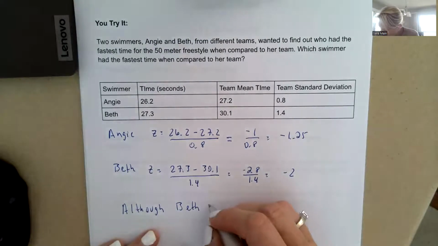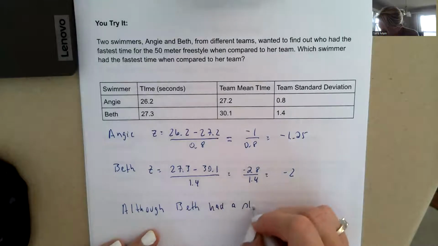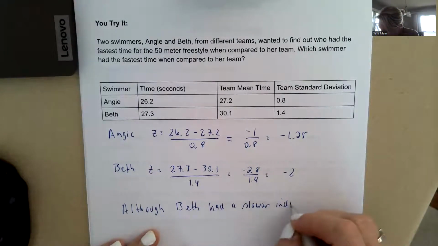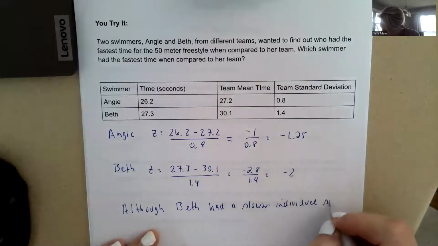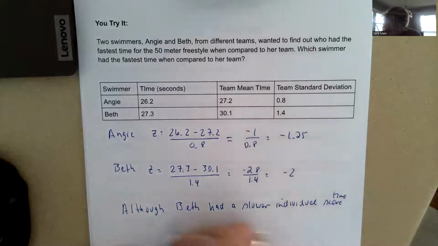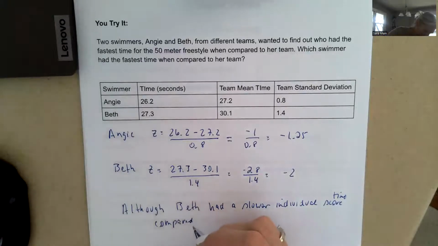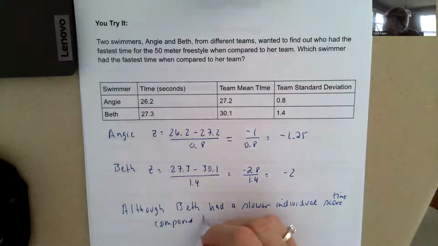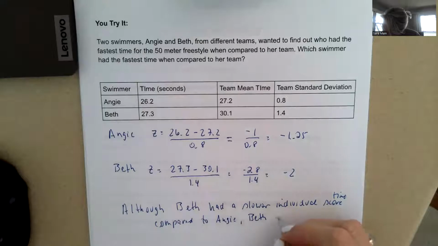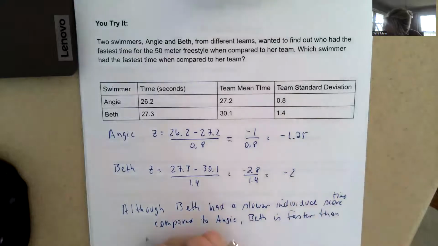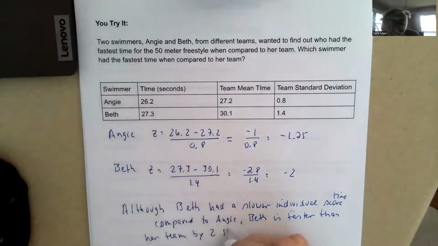So although Beth had a slower individual time compared to Angie, Beth is faster than her team by 2 standard deviations.